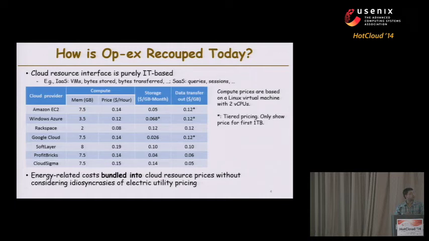If we compare this with how electric utility companies price the resource they are selling, i.e. power, we'll find that it is very different from how clouds price the resources they are selling.